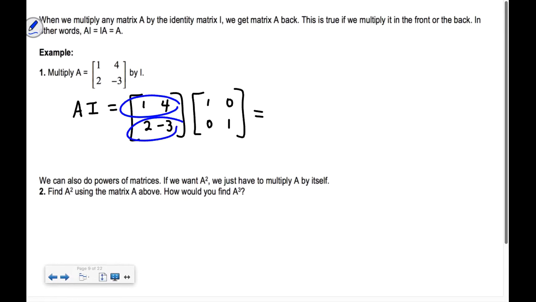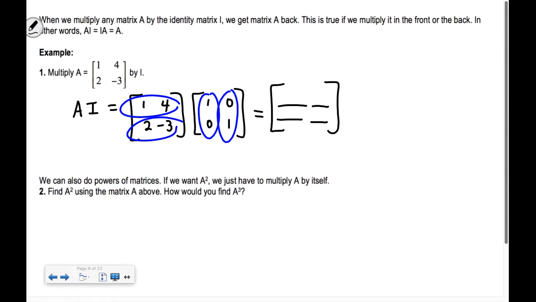Remember, I have rows in the first one, columns in the second. It's a 2 by 2 multiplied by a 2 by 2, so we get a 2 by 2. And we find each of those spots. If you're in the first row, first column, use the first row, first column to find it.